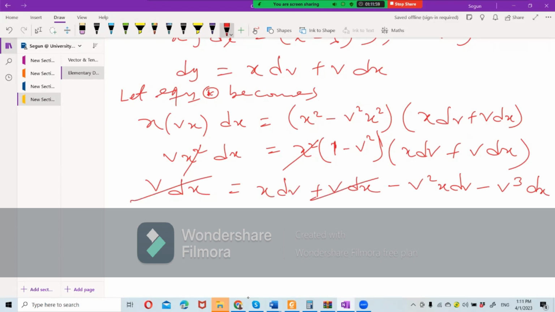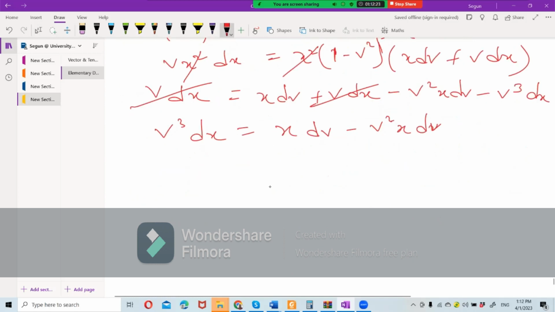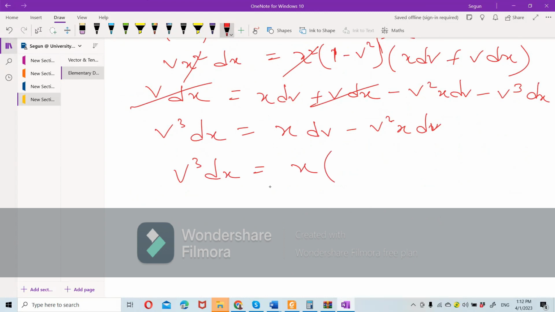This goes with this one. So I can take my v cubed out, equals x dv minus v squared x dv. Something is common to them. We have v raised to the power 3 dx equals x in brackets 1 minus v squared dv.